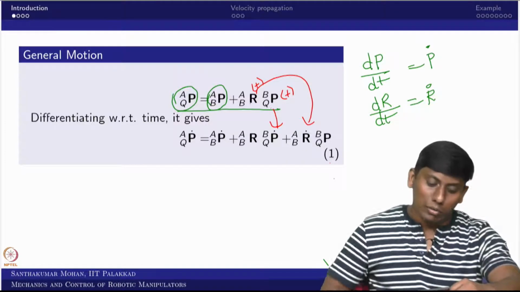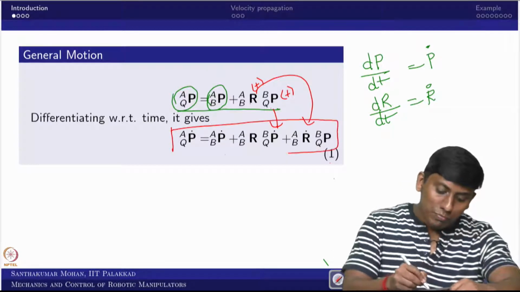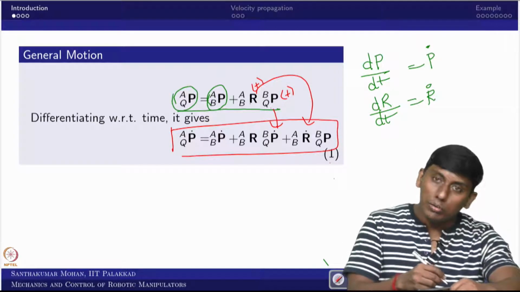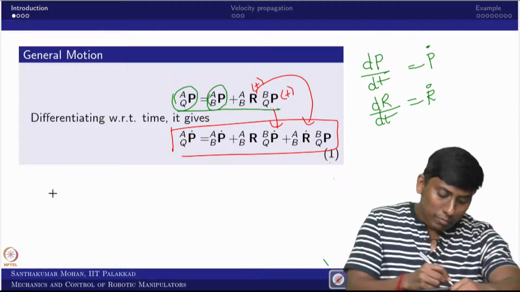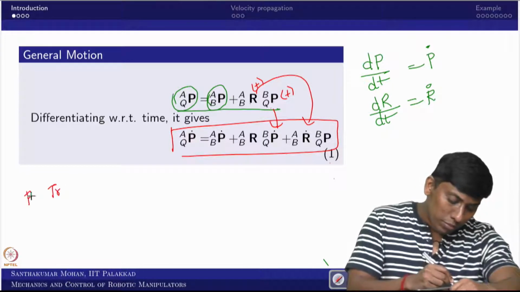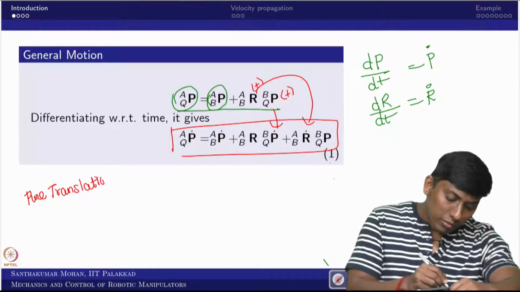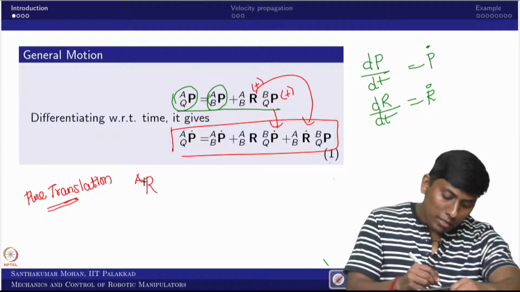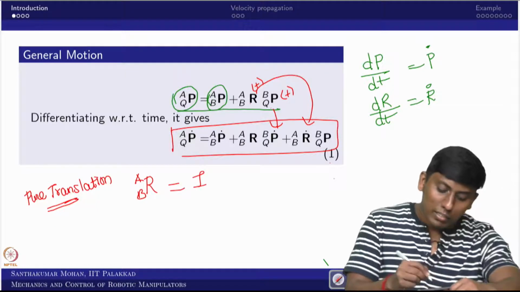This is the final equation. In this equation we can consider one case: instead of general plane motion, pure translation. If it is pure translation, the rotation matrix is the identity matrix.